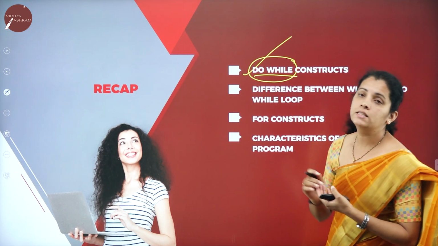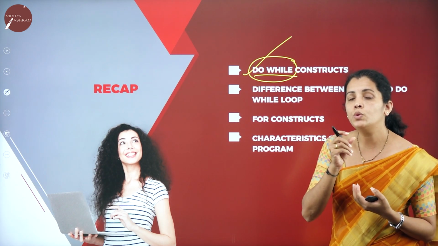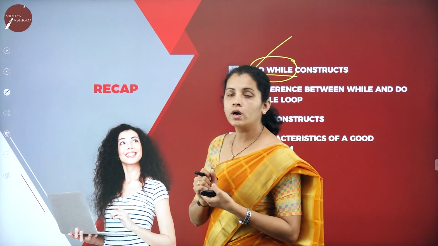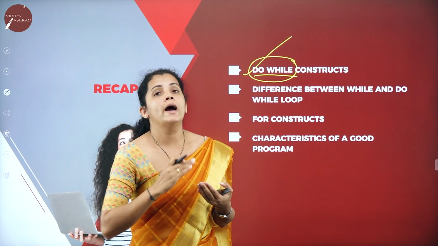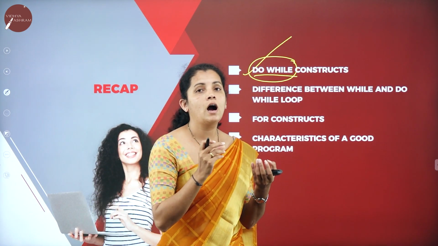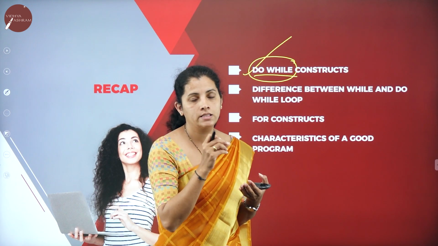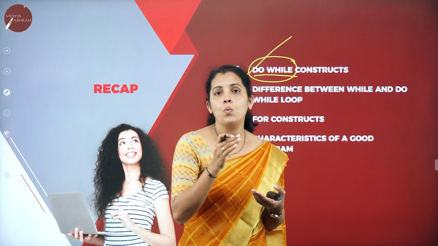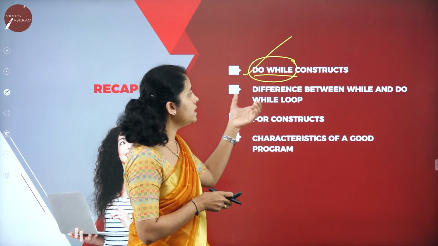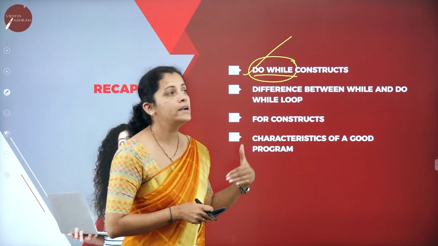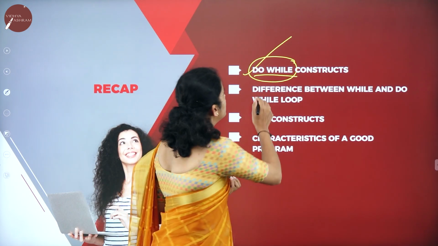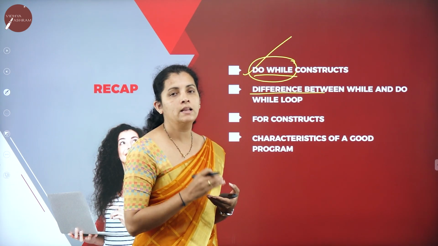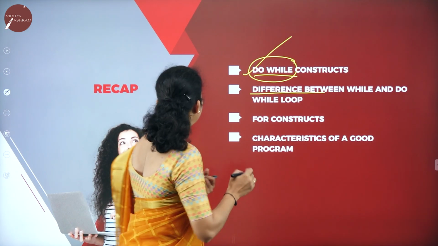Then we had discussion regarding how to write the do-while statement in my program, along with how to write the flowchart, an example, and the syntax I need to follow while using the do-while construct. Then we discussed the difference between while and do-while constructs.